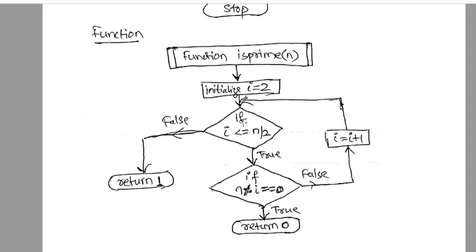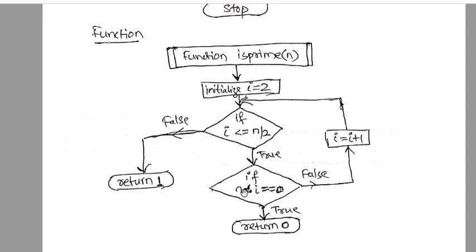Now if i is less than or equal to n by 2 and this condition is true, it will check if n modulus i is 0. If the remainder is 0, it will return 0.